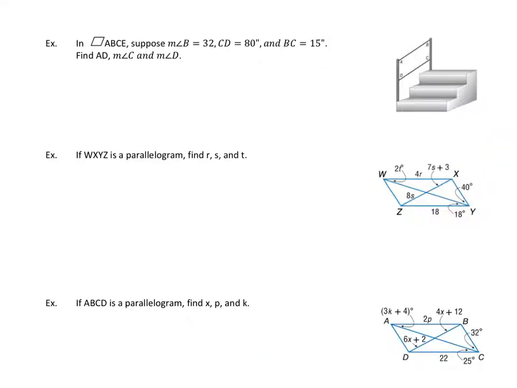Looking at some examples here. Okay, if angle B is 32, CD is 80, and BC is 15, what is the length of AD? Well, AD is opposite BC, and we already said opposite sides are congruent, so segment AD is also 15.